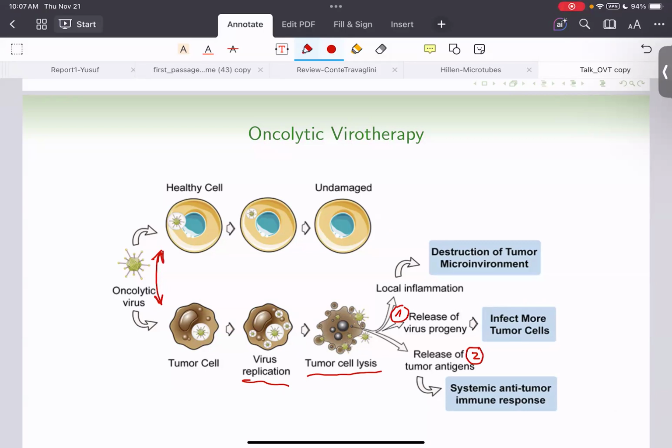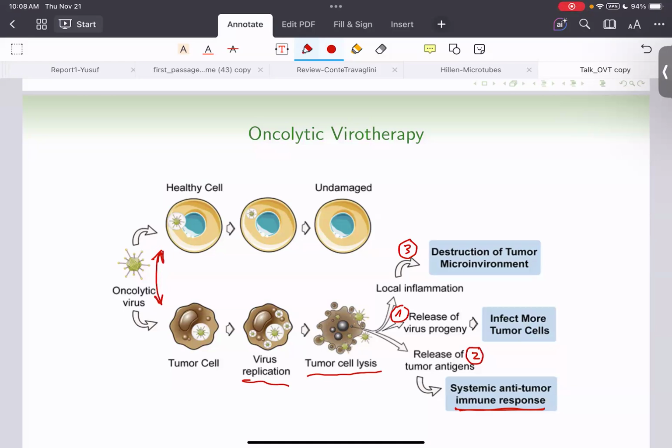So this is essentially the antigen representing so that the immune system can recognize those cells and kill them. So there's a systemic anti-tumor response due to this antigen. And the third effect is destruction of the tumor microenvironment through the lysis of the cells and so on. So to create a whole mess of stuff where the tumor was.